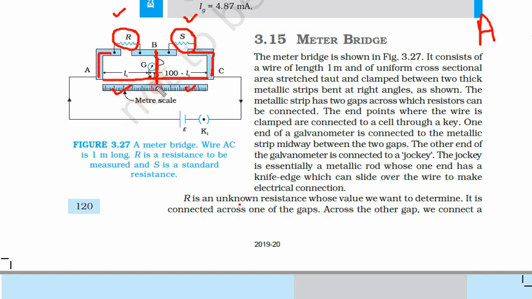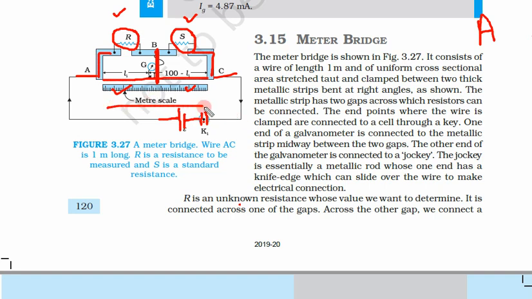The galvanometer is between these two ends, B and D, and the battery is at these two ends, A and C. So you can see this is also a kind of Wheatstone bridge. It is connected to an external battery and a key to just power it on or off.